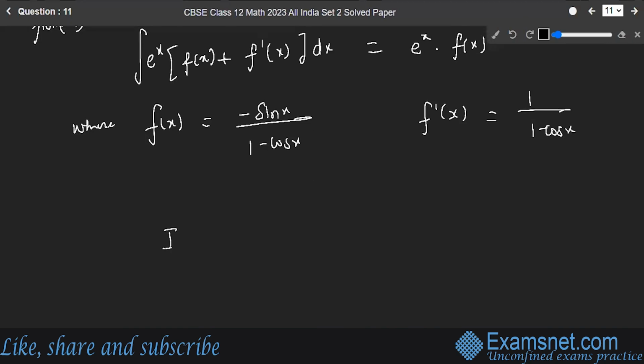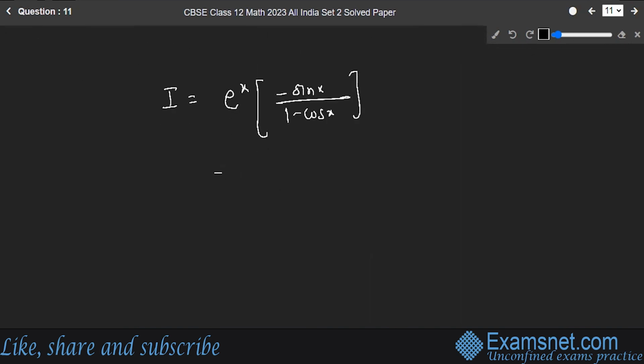Therefore, I is equal to e raised to power x into minus sin x upon 1 minus cos x, that is equal to e raised to power x sin x divided by cos x minus 1. So, hope you understood that, right? This is the answer to the question.